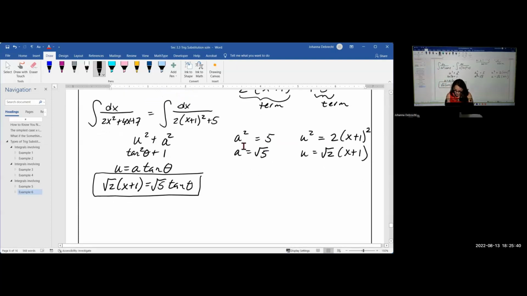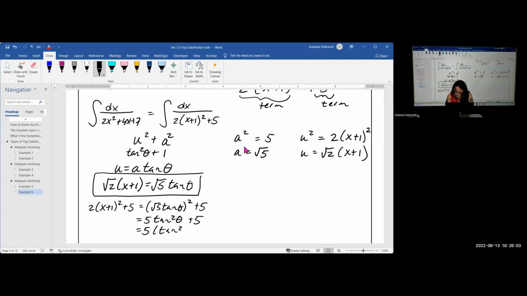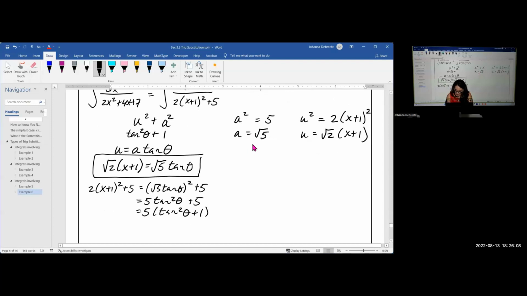So coming up here, I'm building what I have. So I have 2x plus 1 squared plus 5, which is going to be equal to the square root of 5 tangent of theta squared plus 5, which gives me 5 tangent squared of theta plus 5. Factor out the 5, you get tangent squared of theta plus 1, which leads to secant squared of theta.